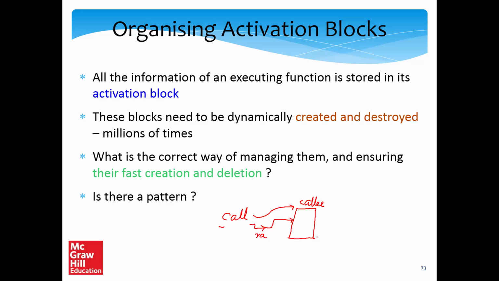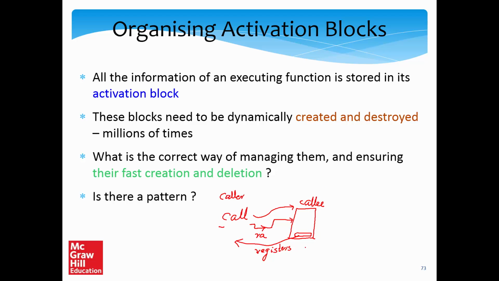Subsequently, the callee does its job. It computes its result. The return value, which is the result of the function, can come back either via registers, that is the first option. The second option is that it can come back also via memory. In this case, the callee writes back the result into the activation block of the caller. So this is also possible.